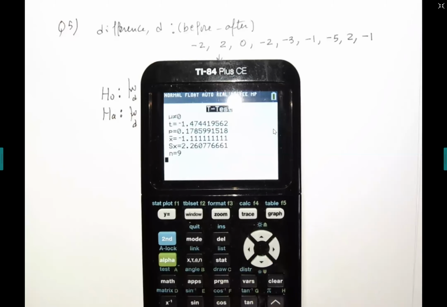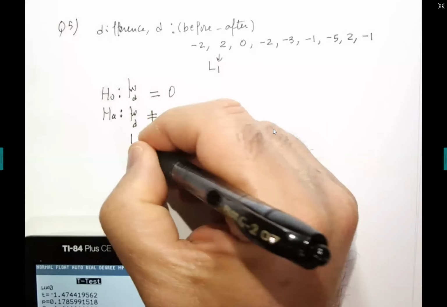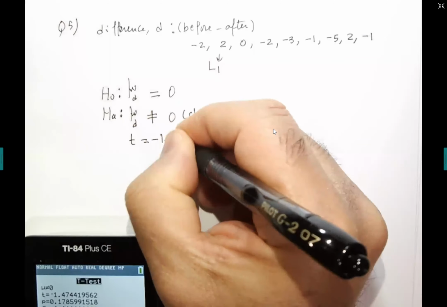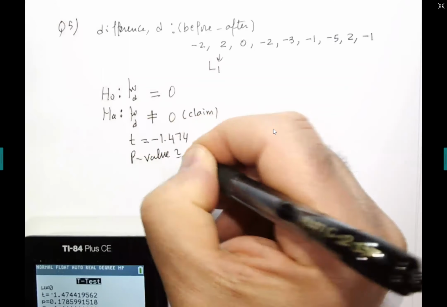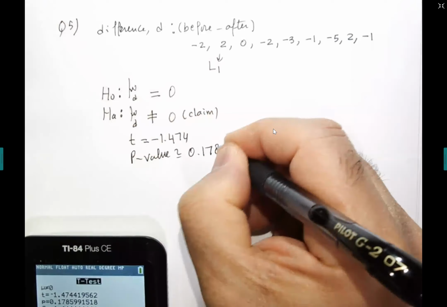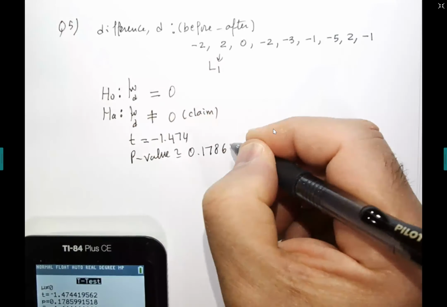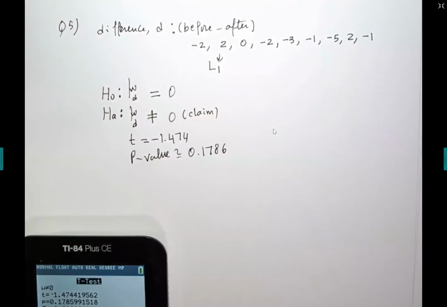Okay, T is -1.474. Let me write it down. And p-value, guys. Oh, wow, we didn't reject H0. 0.1786, 0.179 because 4 decimal places, yes.